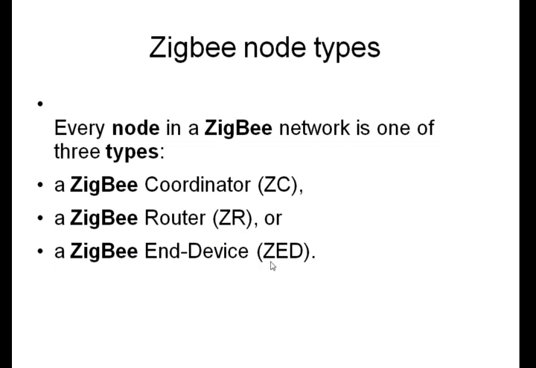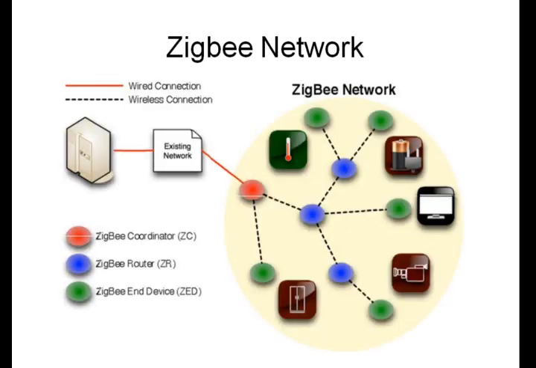This is the ZigBee network, where we can see all three devices. The blue colored devices are ZigBee routers, these three. The green colored ones are ZigBee end devices, and the red colored device is the ZigBee coordinator. Obviously the coordinator is only one.